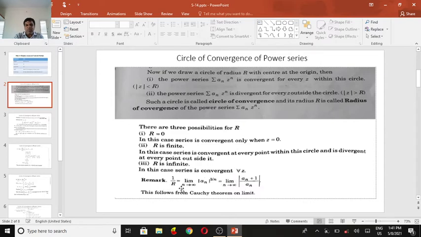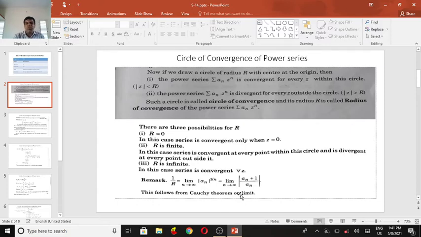As a remark, suppose 1 by r is equal to limit n tends to infinity of absolute value of an whole power 1 by n, which means you are applying the root test here. This is equal to limit n tends to infinity of absolute value of an plus 1 divided by an, so we are applying the ratio test.